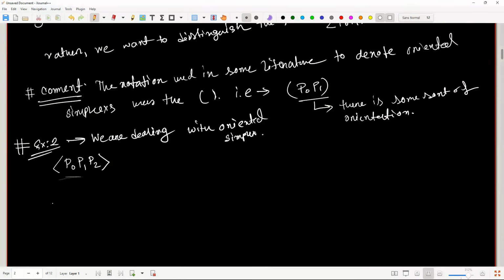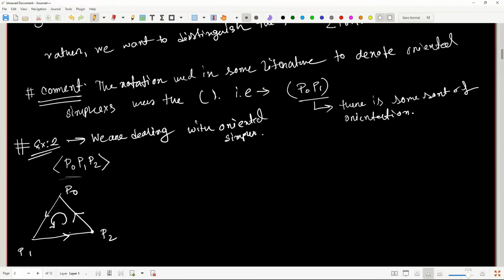And if you want to draw this out, it would look something like this: a triangle, P0, P1, let's say, and this is P2. And I want to give it an orientation. Let's say I take the counterclockwise direction as my orientation. That means if you start from point P2, let's say, first you have to go from P2 to P0, then from P0 to P1, and then from P1 to P2, like this.